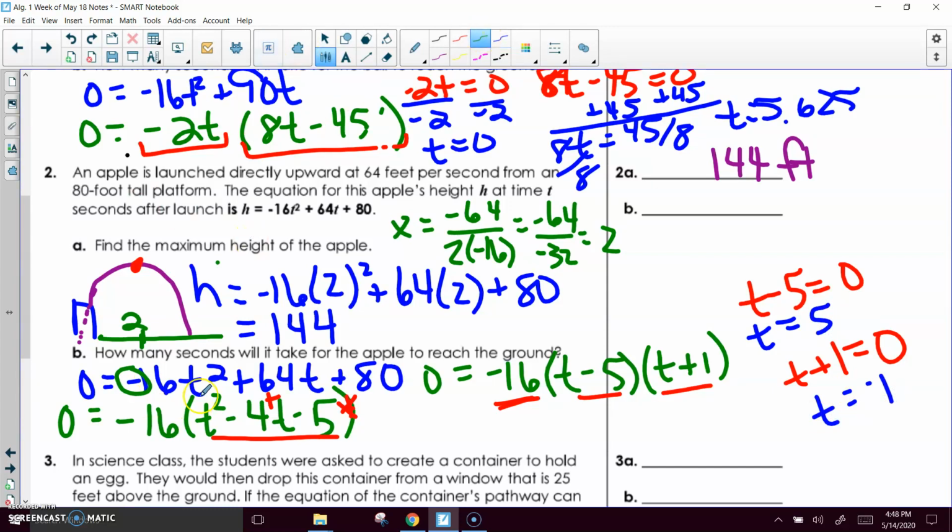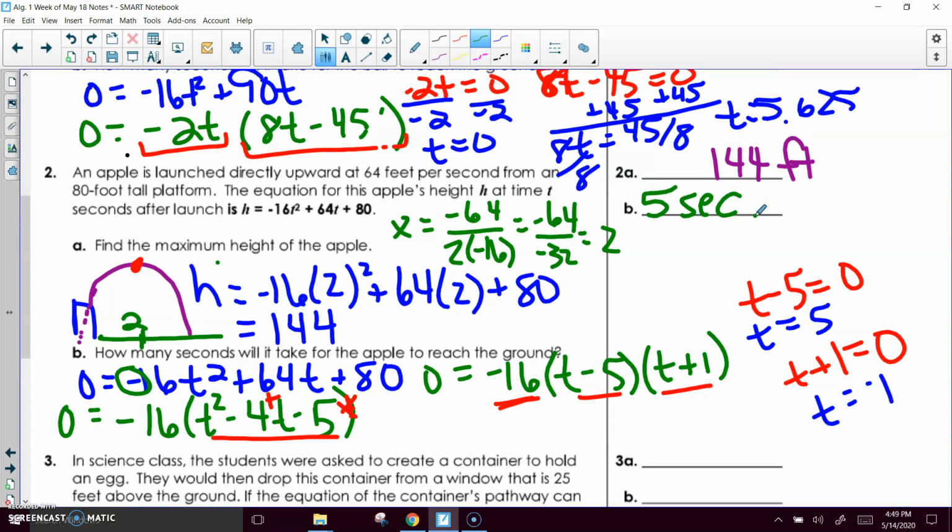So in context of my graph over here, this point right here would be at negative 1, and this point right here would be 5. And that makes sense because negative 1 is 3 units to the left of that, and 5 is 3 units to the right of that. So ultimately, 5 seconds we're looking for.